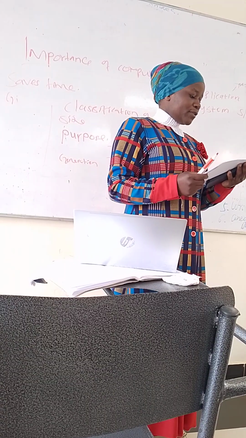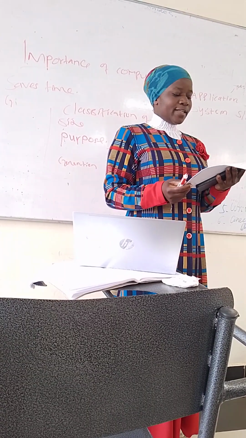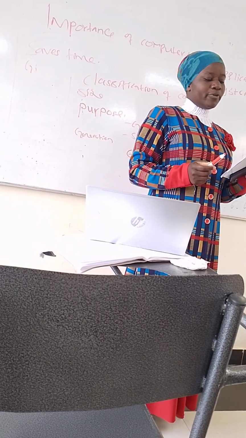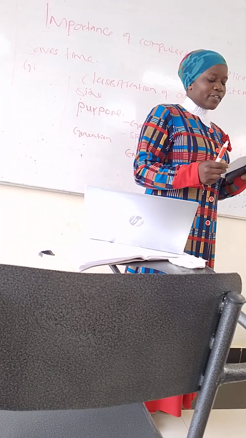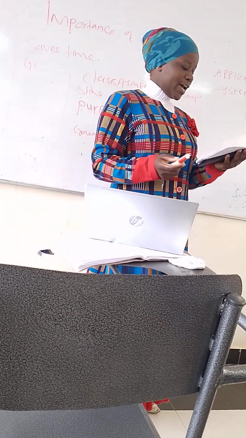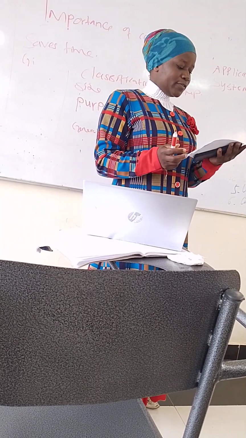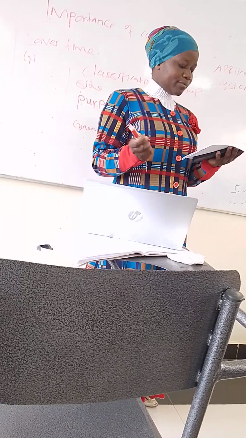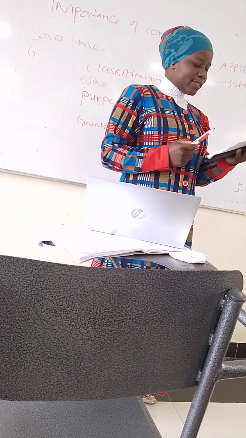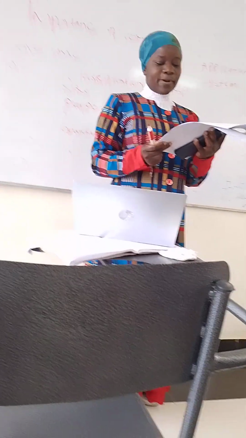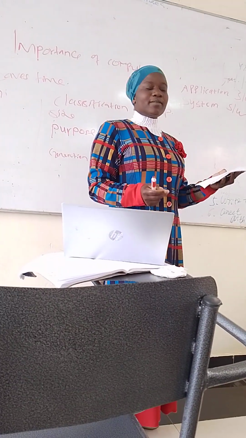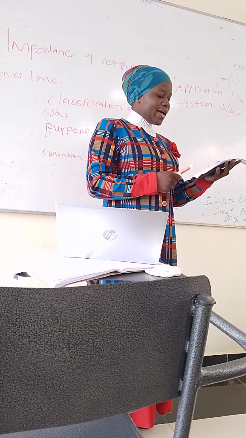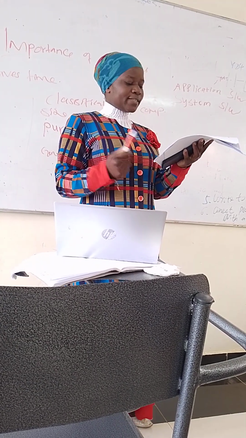Then examples of software, there are Windows, Linux, Microsoft Word, Chrome browser, then Photoshop. Types of software, there is system software. The definition of system software: this software controls hardware and provides a platform for other programs to run. Under that, there's operating system, OS.